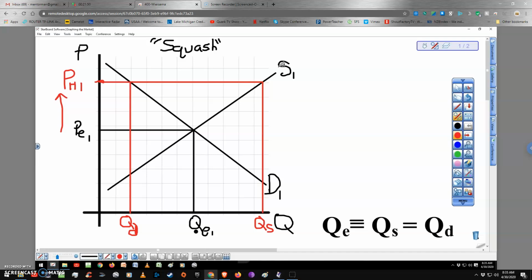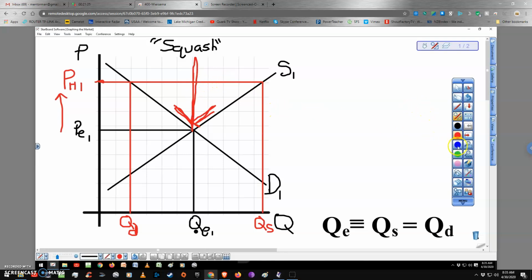Ain't going to be sold. So Mr. Supplier has to compete by dropping his price to get customers in the door. And the way they do that is by pushing the price down. So competition between suppliers pushes the price down. Okay, we got a big arrow pushing down here.